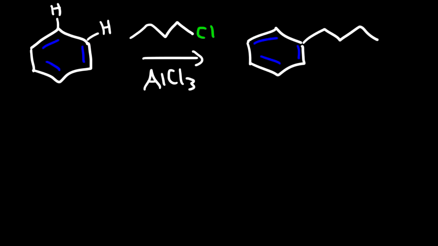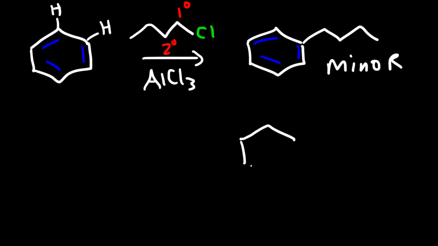Granted, we could get this product, however, it's not going to be the major product. It's the minor product. In fact, the Friedel-Crafts alkylation reaction is subjected to carbocation rearrangements. Notice that the chlorine atom is on a primary carbon, and there's a higher substituted carbon next to it. So the benzene ring is going to go on the more substituted carbon.